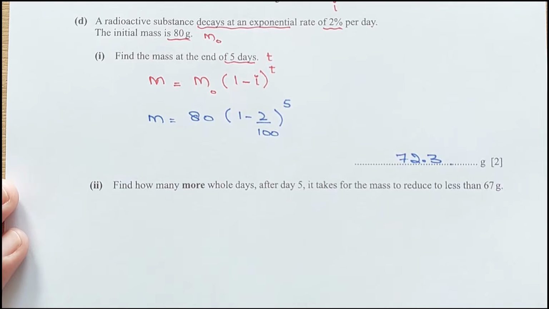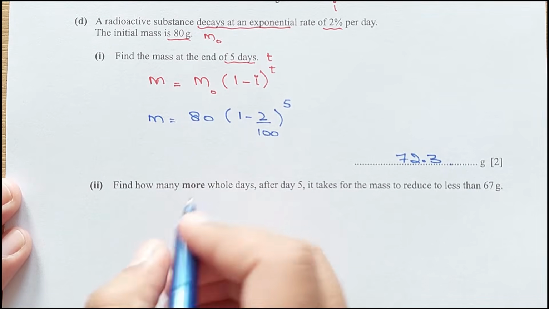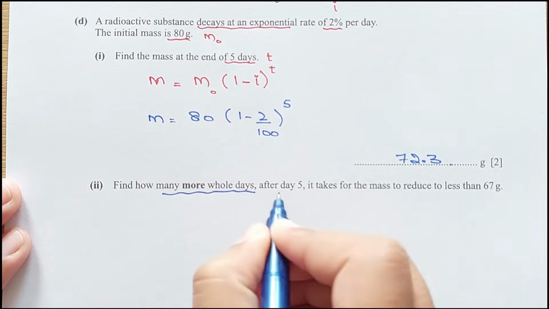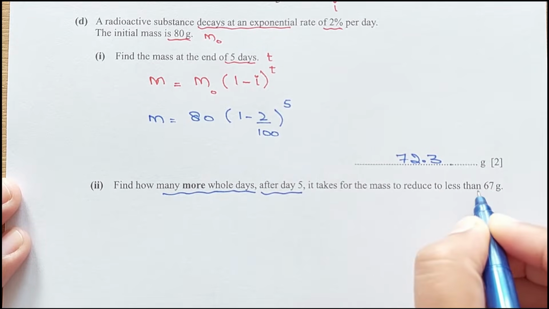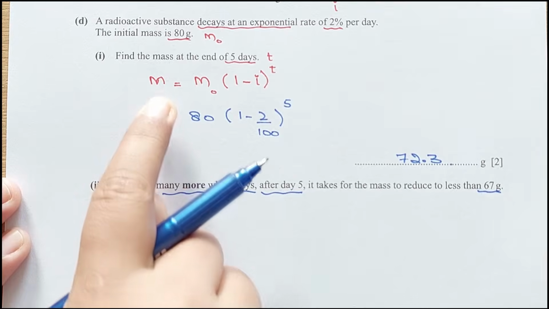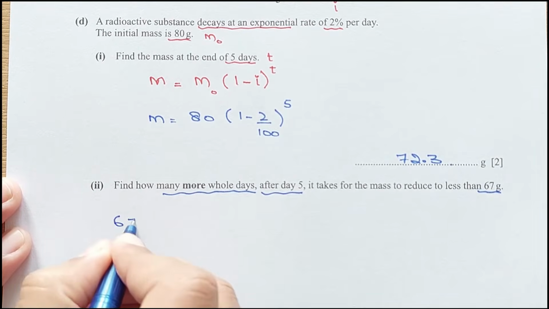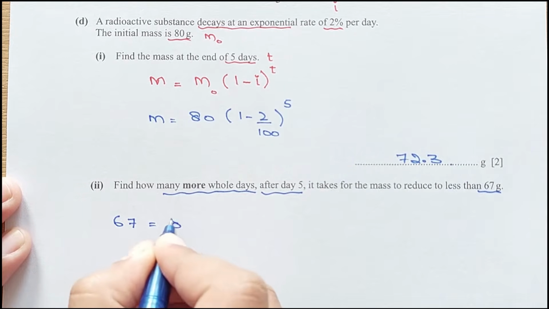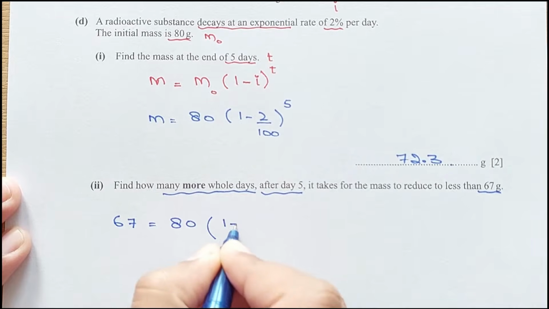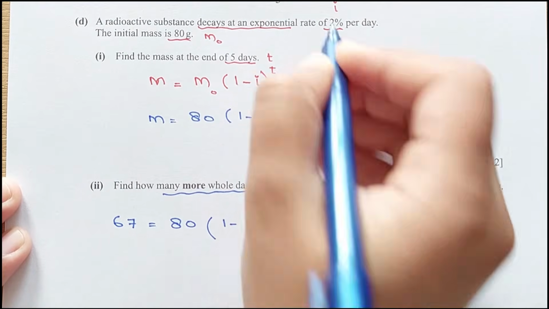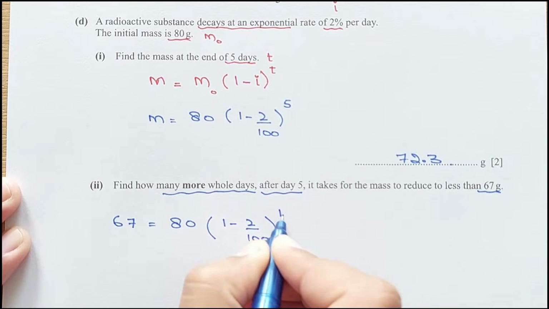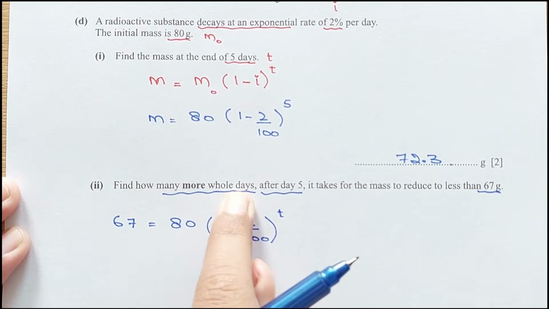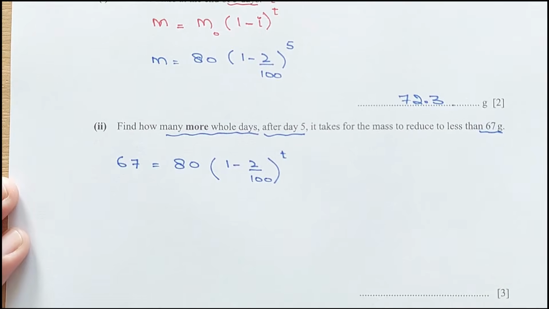Now for the second part, find how many more whole days after 5 days it takes for the mass to reduce to less than 67 grams. Now the mass is 67 grams. Initial mass is the same, that is 80 grams, 1 minus the exponential rate, same, that is 2%, exponent t. We need to find the time, right?